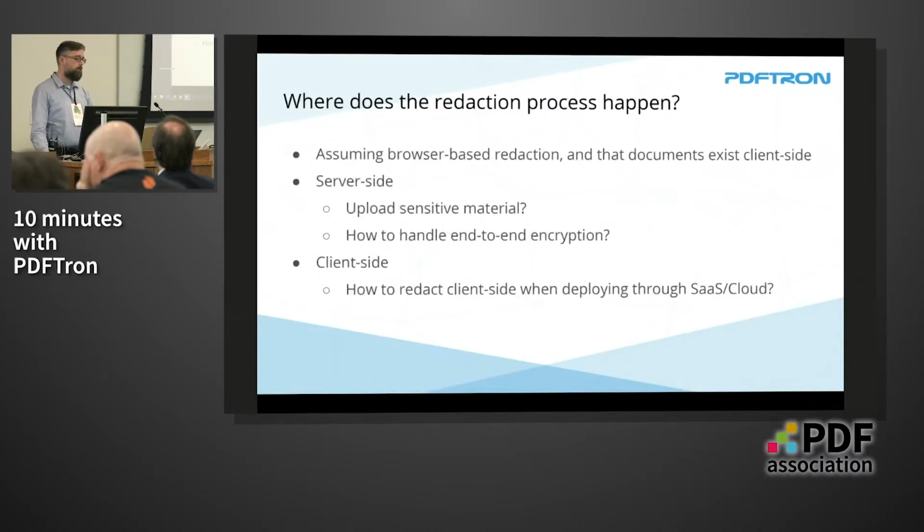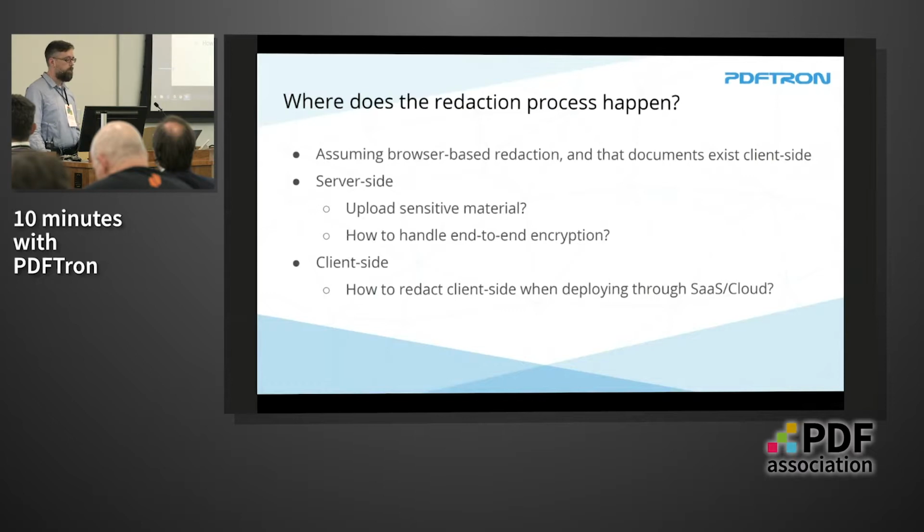Now that we have to redact a lot more documents, where does that actually happen? In the context of this presentation, we're going to be assuming that we're dealing with browser-based redaction, and that we're starting off with the document's existing client side. So I'm sitting on my workstation. I have a browser-based solution for redacting. What can I remove and what can I keep?